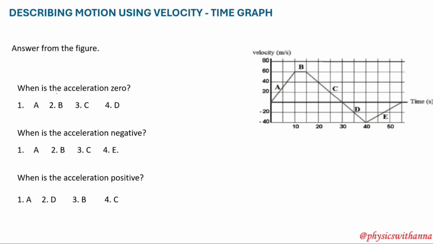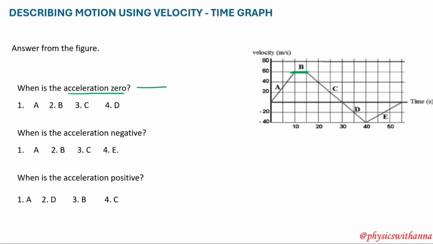First question is asking you, when is the acceleration 0? Now, acceleration will be 0 wherever you can find this sleeping line, or a horizontal line. So this kind of line which is parallel to the time axis, a straight line parallel to the time axis, will give you acceleration 0. And this is only present in region B here.